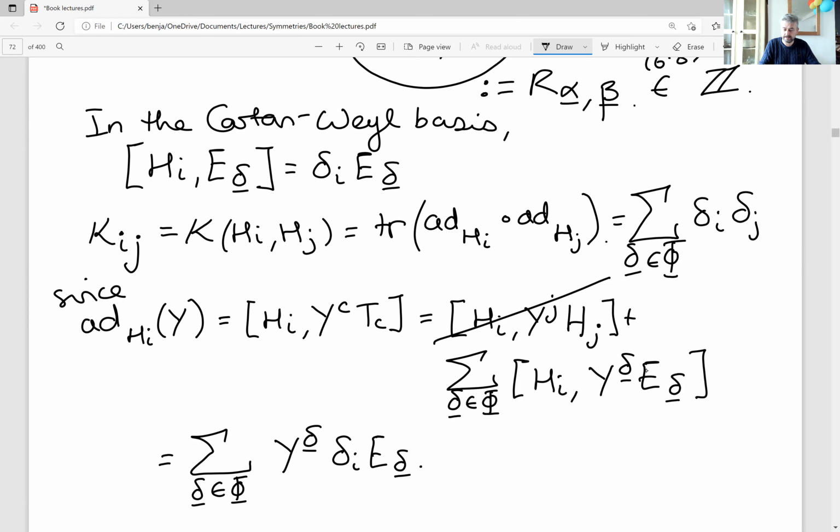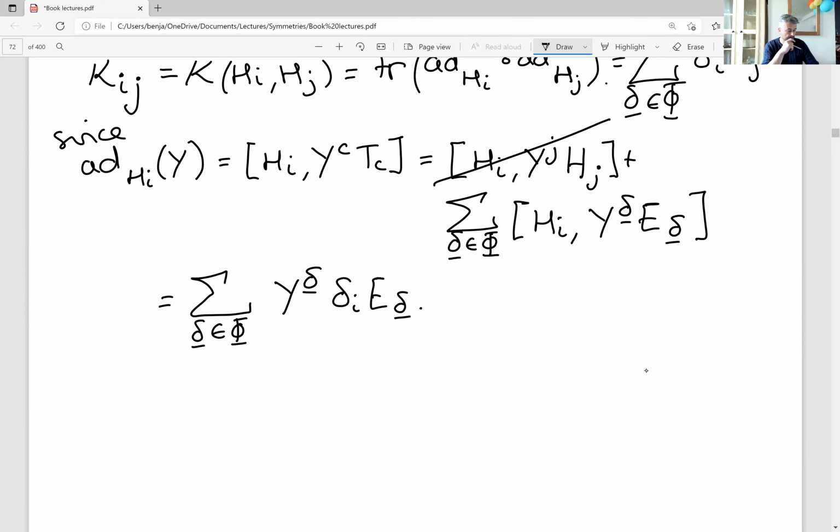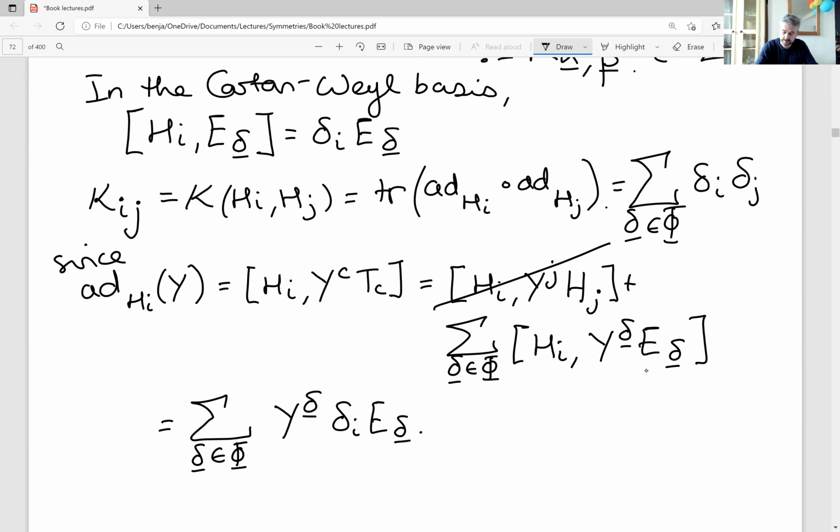And then of course you have to substitute this into what's above, but you're going to get the sum of delta_i delta_j. Okay, so what we do is we take this equation star.